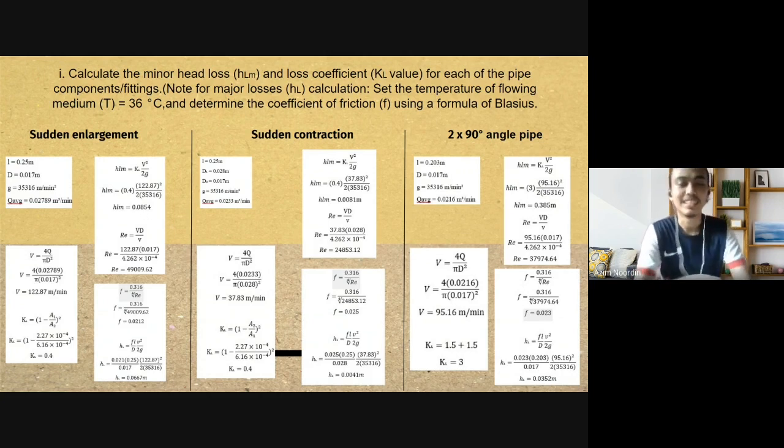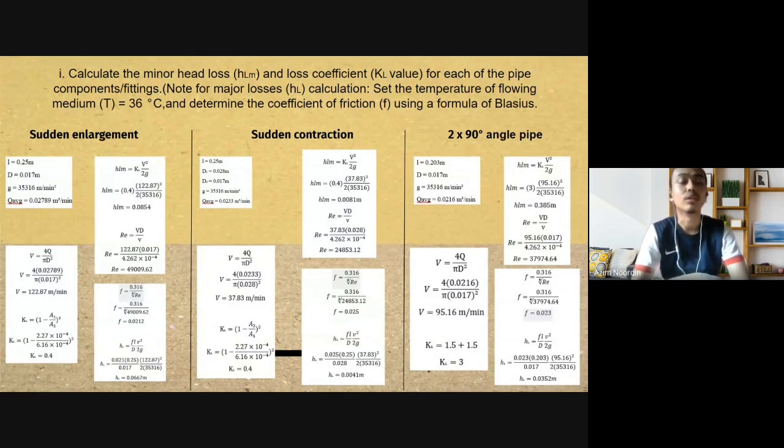Okay, next we move to the second pipe, which is sudden contraction. For the sudden contraction, the first diameter is 0.02 and the second diameter is 0.017. The Q average we get from the flow rate in the pipe is 0.0233 meter cube per minute.